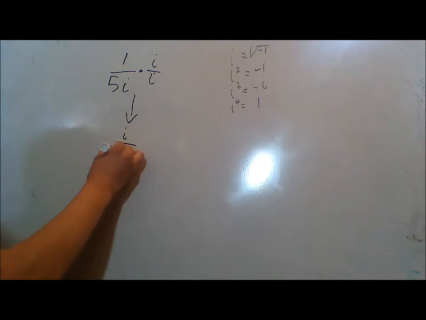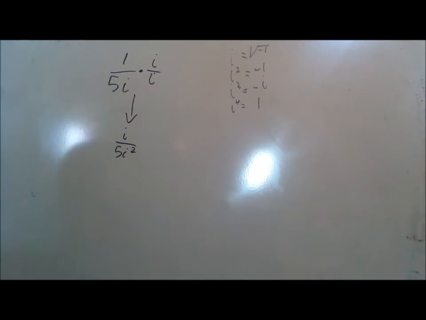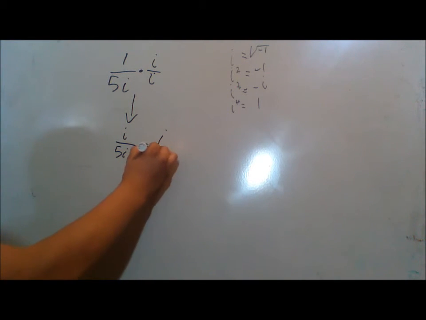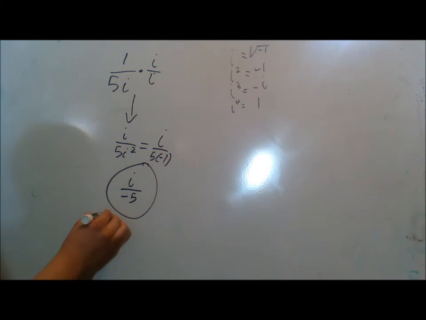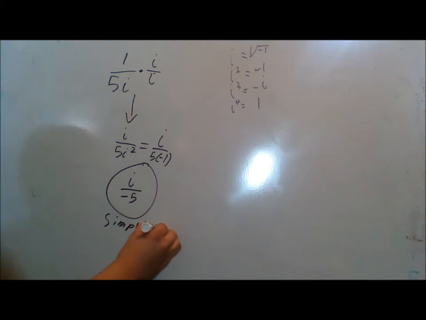What happens is we have i over 5i squared. And since i squared is equivalent to -1, we have i over 5 times -1. So the answer is i over -5, and this is the simplified form.